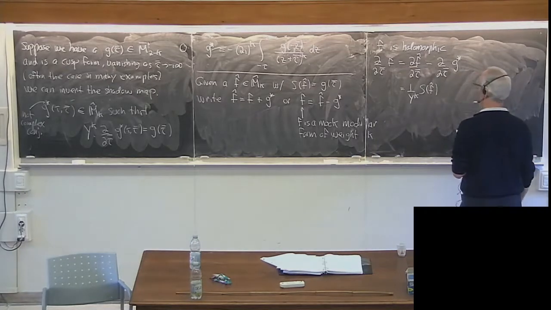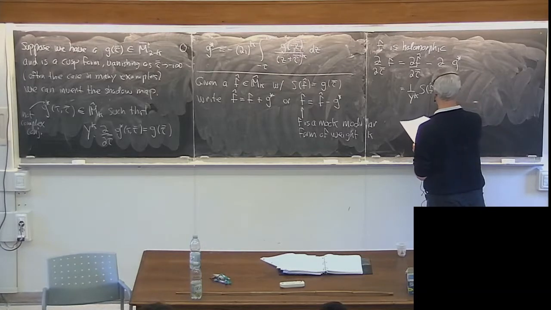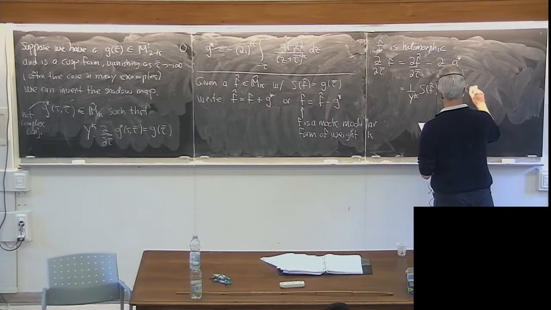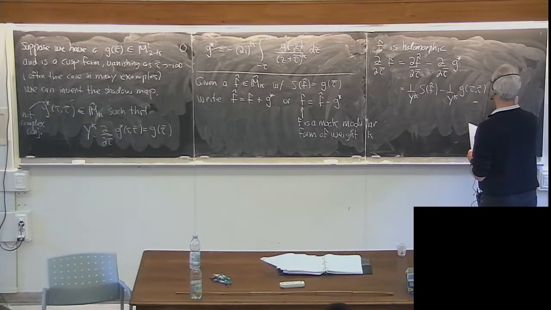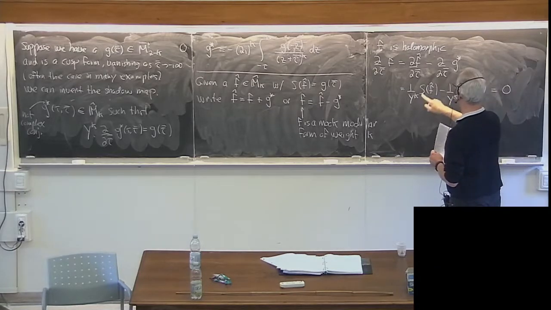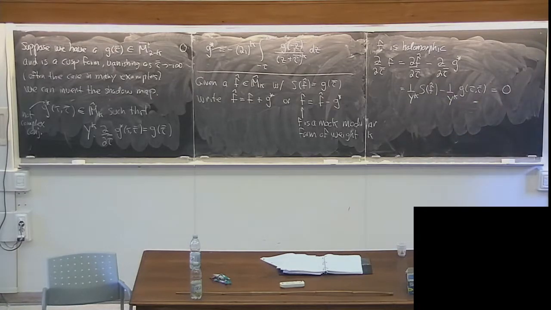But that's 1 over y times the shadow map on F hat, and this is 1 over y to the k times G. But G is the shadow of F hat, so that's equal to 0.